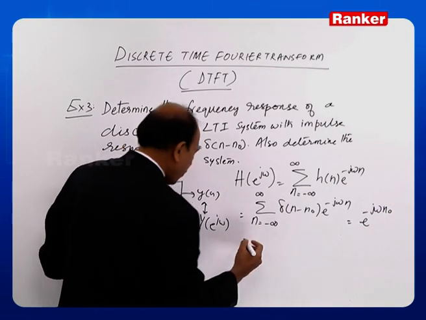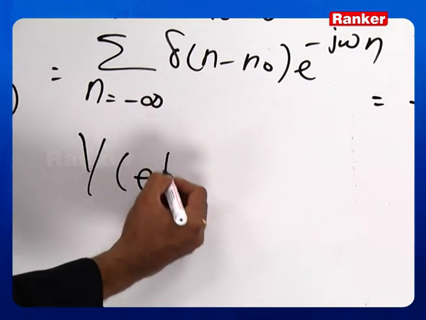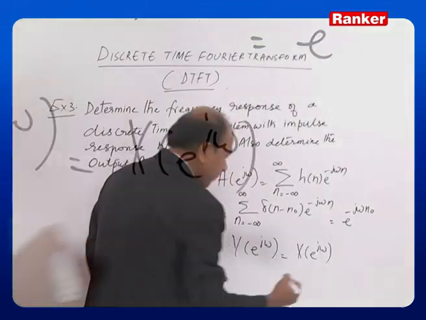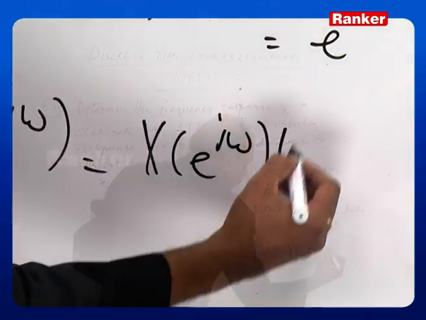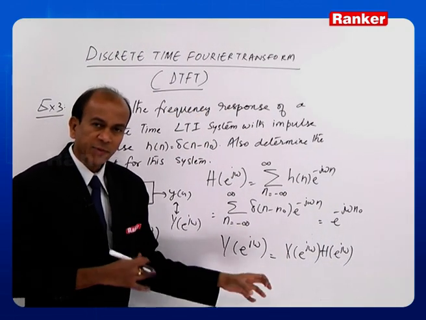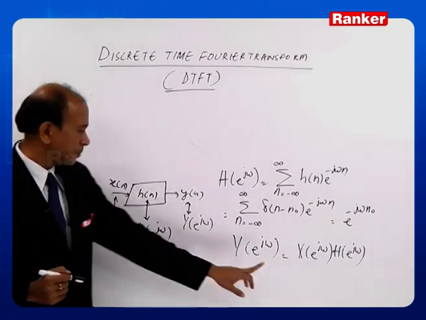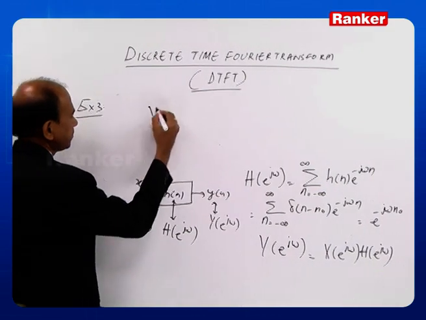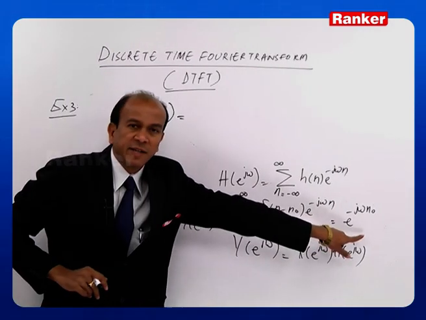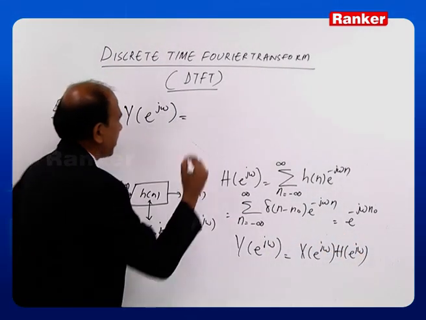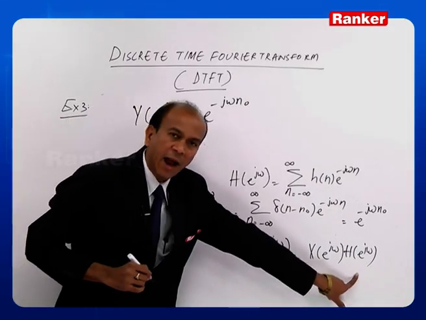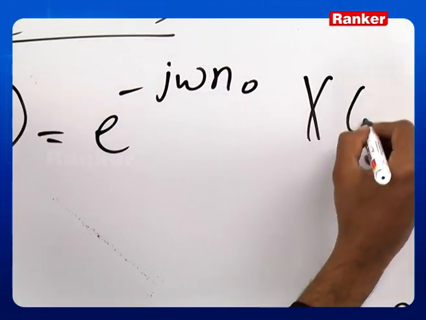So, Y of e to the power of j omega, which is my output, is equal to X of e to the power of j omega times H of e to the power of j omega. So, this is my output response of the system. What is our H? Our H is e to the power of minus j omega n naught. So, we will write this here, e to the power of minus j omega n naught, times X of e to the power of j omega.